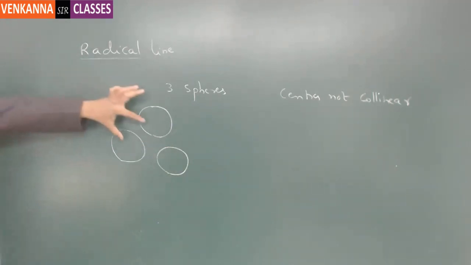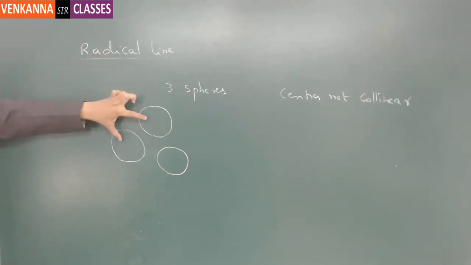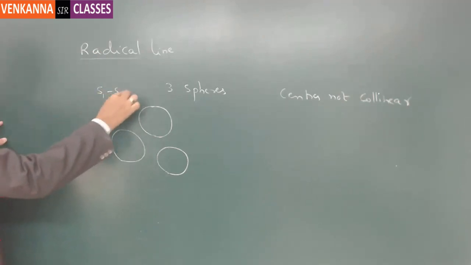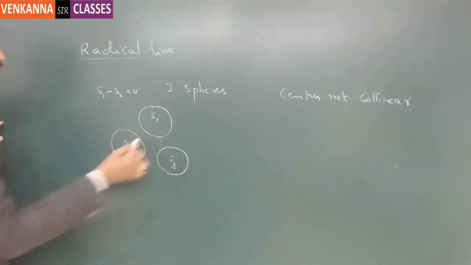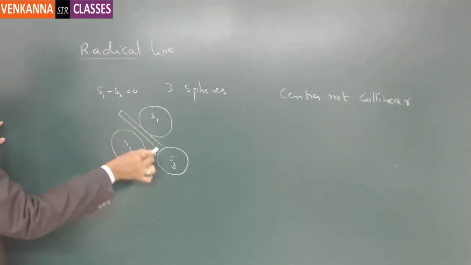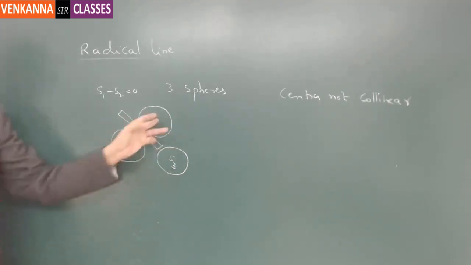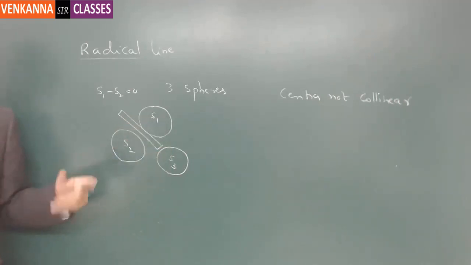Now for the first two spheres, you consider the radical plane by subtracting them. So you will have a plane equation there. And obviously, for the other two spheres also, either these two or these two, you calculate the radical plane.